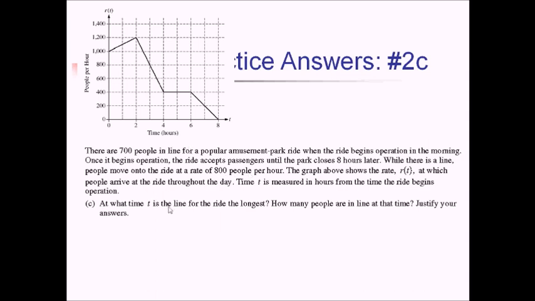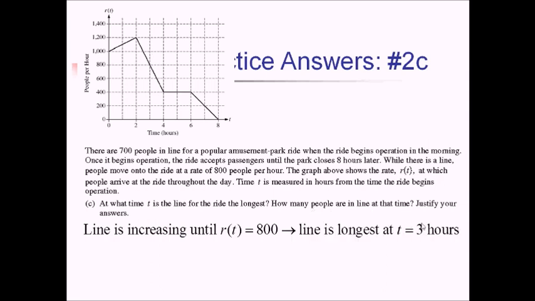So the line is going to be the longest at the point at which our rate turns from over 800 to under 800. So our line's going to be increasing until r of t equals exactly 800, which happens at this point here at time 3. So this is when our line's going to be the longest, because for this whole interval, more people have been getting into the line than getting onto the ride. So longest at time 3.